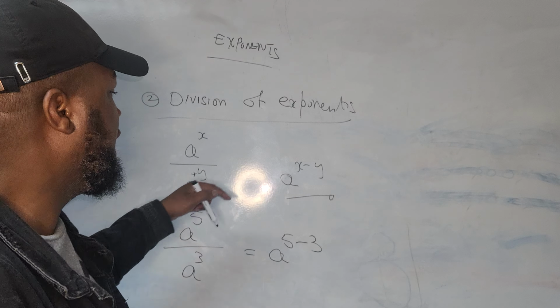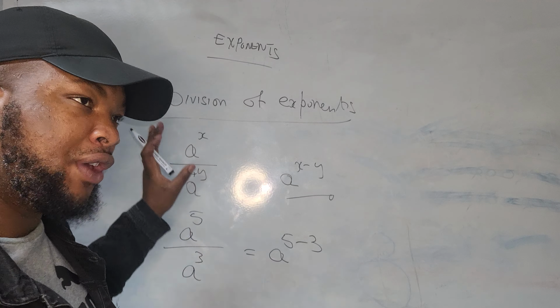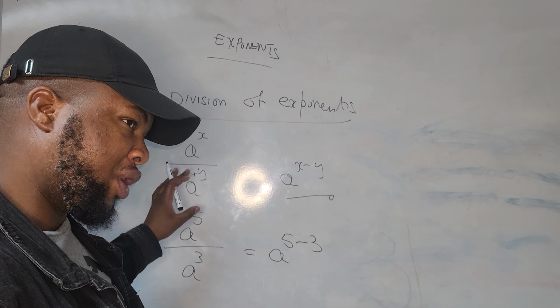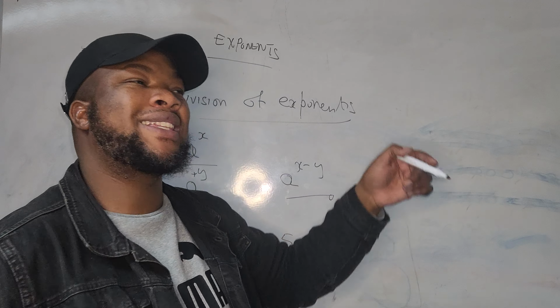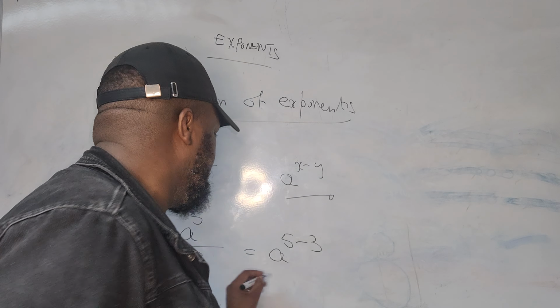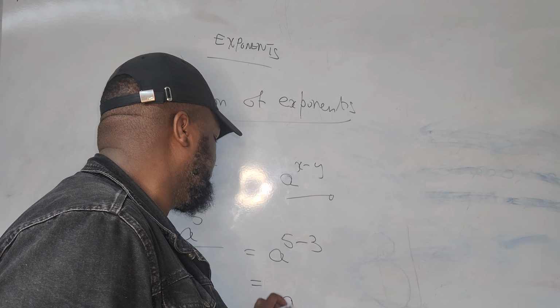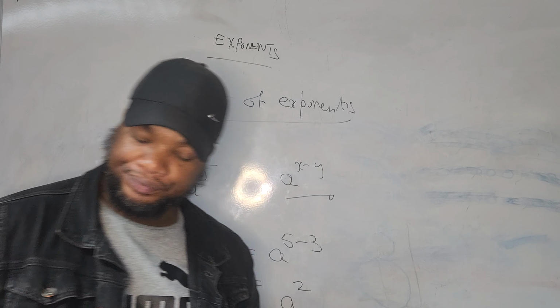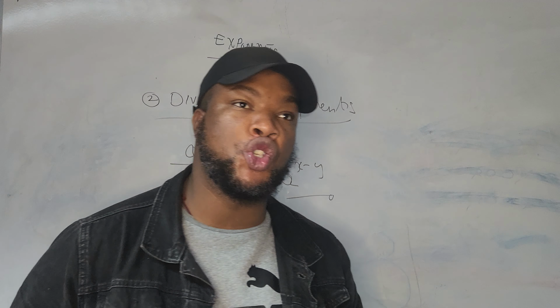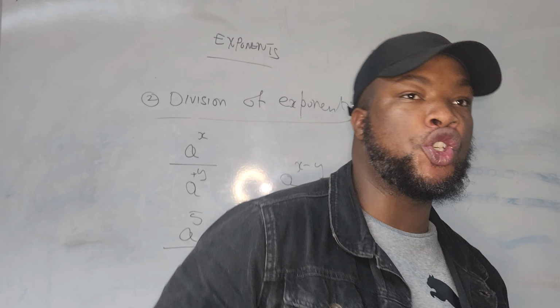So if you have a division of exponents with the same bases, the exponents are subtracted. So if you have division, you subtract the exponents. You understand? Now, 5 minus 3 gives you 2. So that is your answer. That's how you do it, guys.